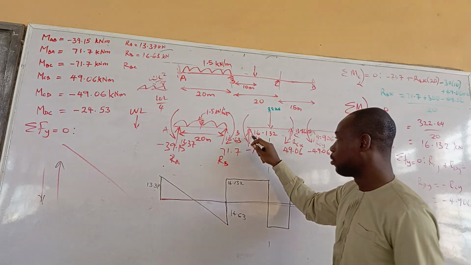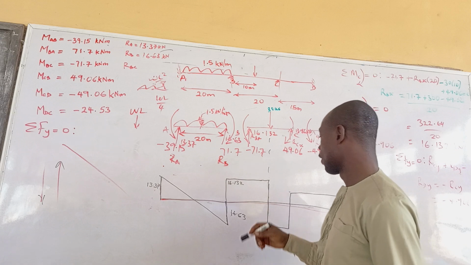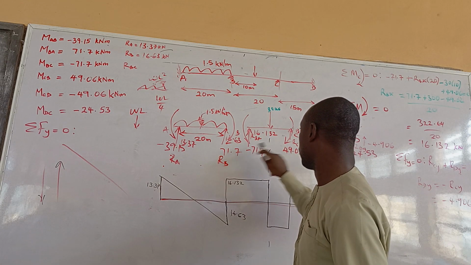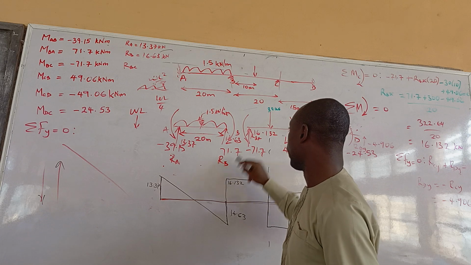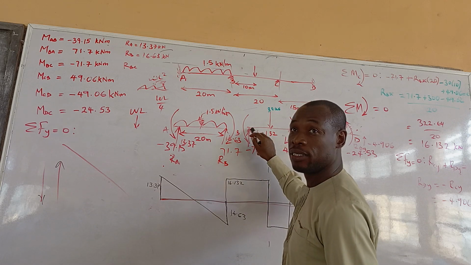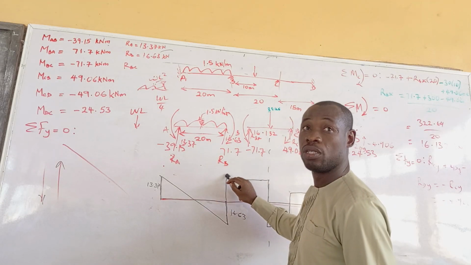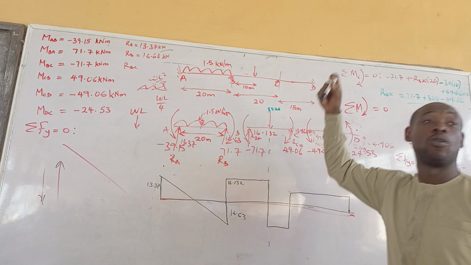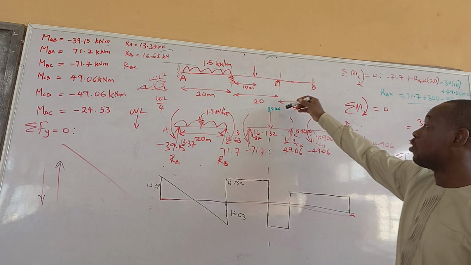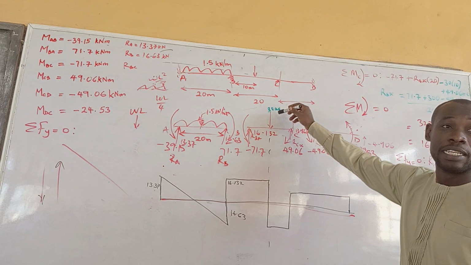Now we move to the second diagram here, which is from B to C. It travels from here to here. That's 60.132. This is 60.132. Now it continues to move at that 60.132, except there's a point load that will force it downward. And this is the only point load applicable here, which is this 30 kilonewton.